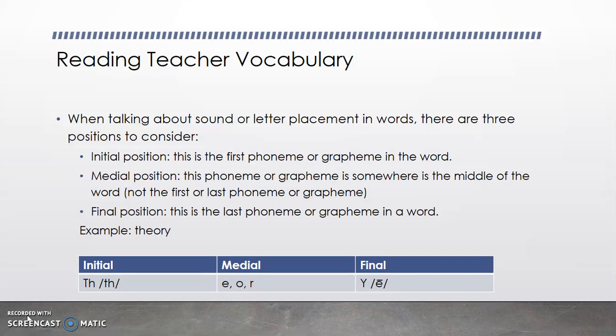And then the final position, this is the last phoneme or grapheme in a word. So in theory, the final grapheme is the letter Y. The final phoneme is the sound E, which is represented by that E in between the two slashes with that macron over it, that macron representing a long sound.